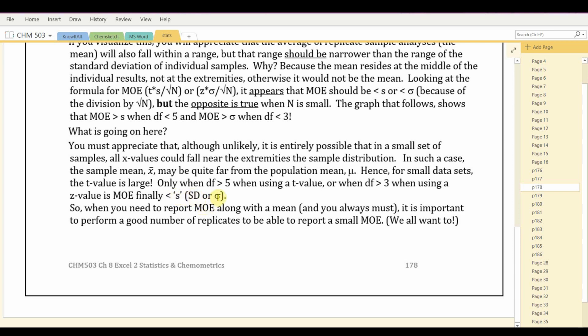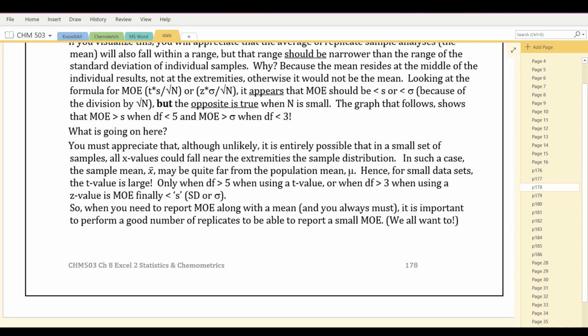So when you need to report margin of error along with a mean, and you always must, it is important to perform a good number of replicates so that you can report a small margin of error, and we all want to. I can't report to my boss that the chloride concentration is 17 plus or minus 5.